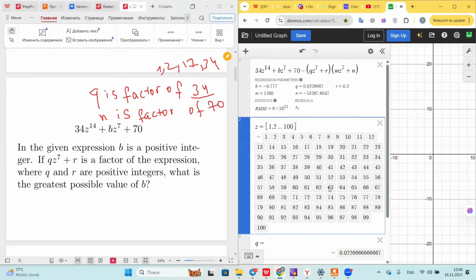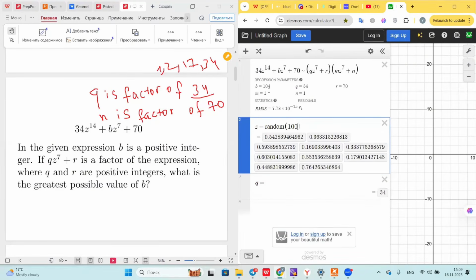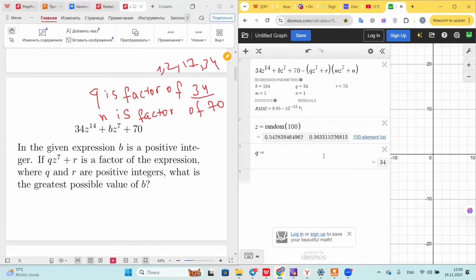I think it is due to these huge numbers, as you can see 10 to the power of 7. It gives you something Desmos cannot handle. Desmos cannot. Random 100 numbers. Yeah, now it is beautiful. Now q can be 1. Now b is this value. q can be 2, b is this value.